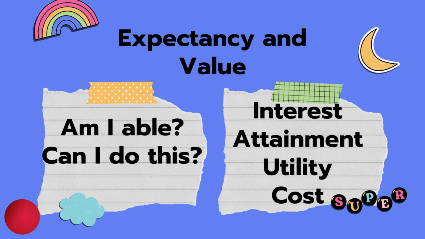If someone expects to do well, they're most likely to do well. But if they expect failure, or if they believe they have no ability, then it becomes a self fulfilling prophecy and they are more likely to fail in the future.